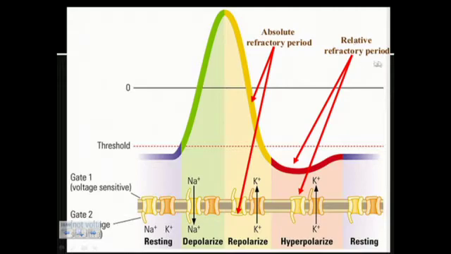Something else to point out about this relative refractory period is you can actually generate an action potential here. So if you look here, the gate 2, the non-voltage sensitive gate, is actually open at this stage. So it means an influx of sodium is possible, and thus a depolarization or an action potential is also possible.